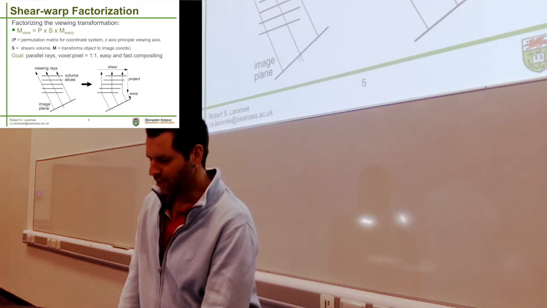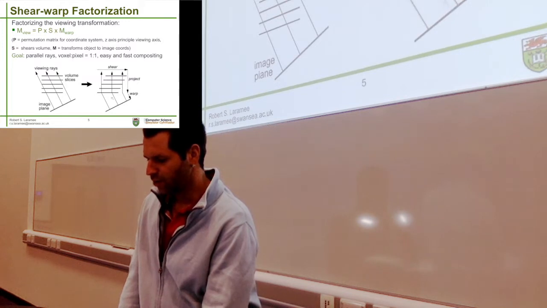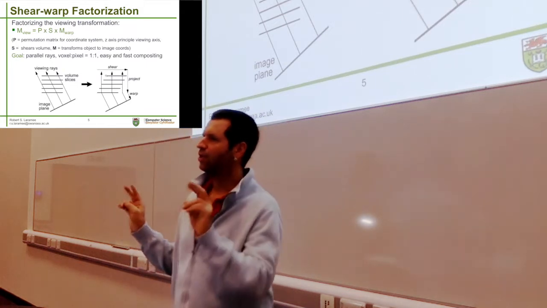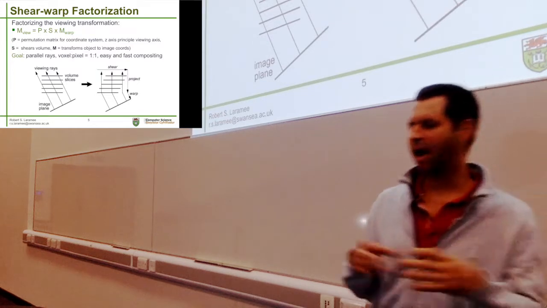But if we want to look at the volume from an angle, we can't just rotate our viewpoint. What we do is we shear the volume, we do our sampling, and then unshear the results, or warp the results back.